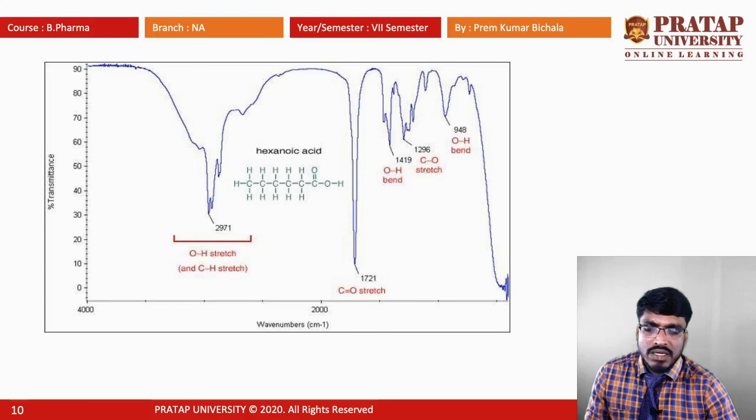Similarly, we should get C double bond O stretching at 1721. Whereas in the fingerprint region, we should get three types of vibration: two are bending of the OH group, and one is CO stretching, which should be observed in the fingerprint region.